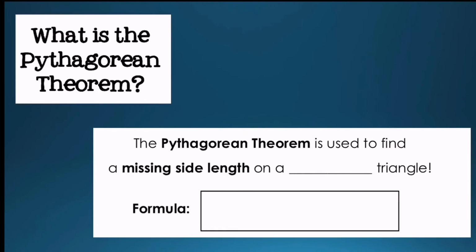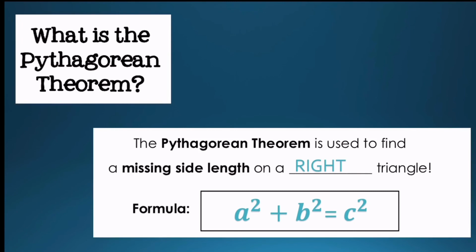Now, what is the Pythagorean Theorem? The Pythagorean Theorem is used to find a missing side in a right triangle. Again, the Pythagorean Theorem is only for a right triangle. We need to understand that. It's a set formula that you have to have memorized. That is a squared plus b squared equals c squared.